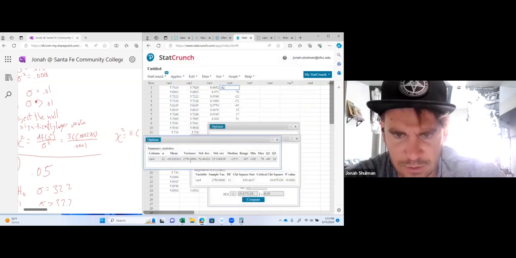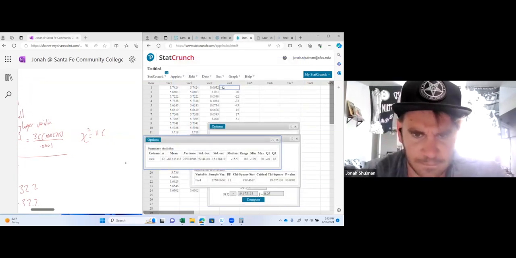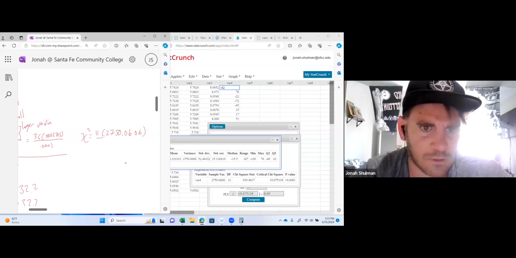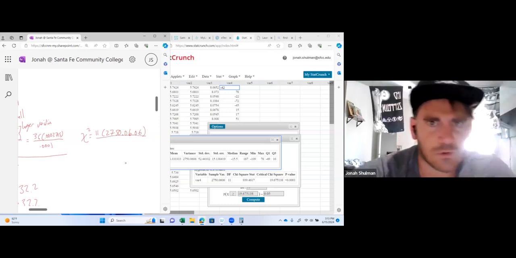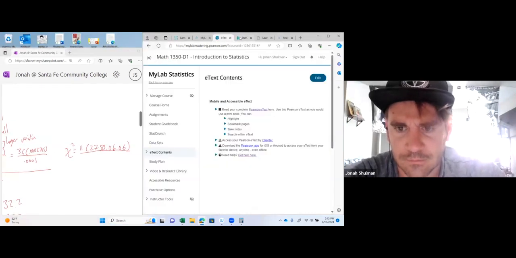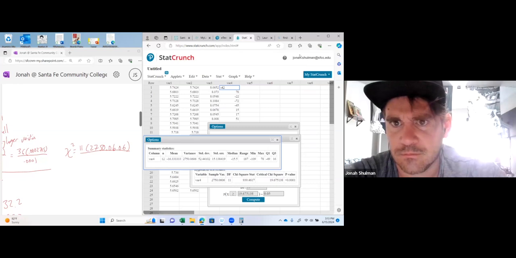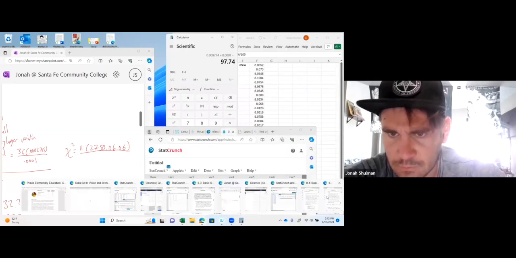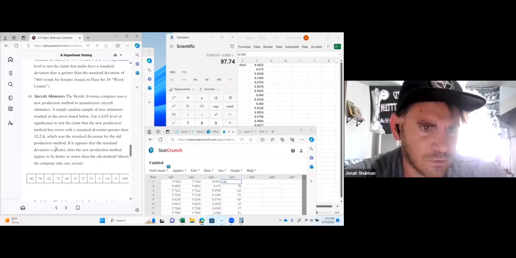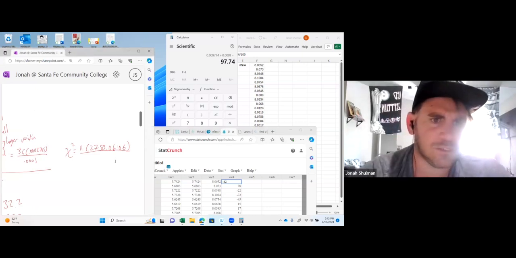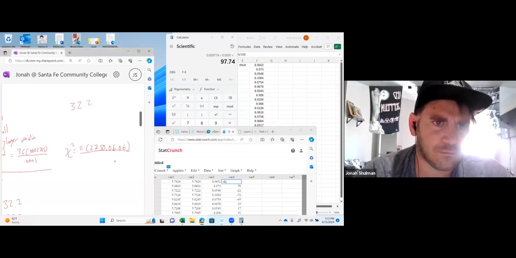So we got our variance is 2750. And then we want the one for the total. They're just telling us that the total one, the one that we want, is standard deviation 32.2. So all I have to do is take 32.2 and square it.